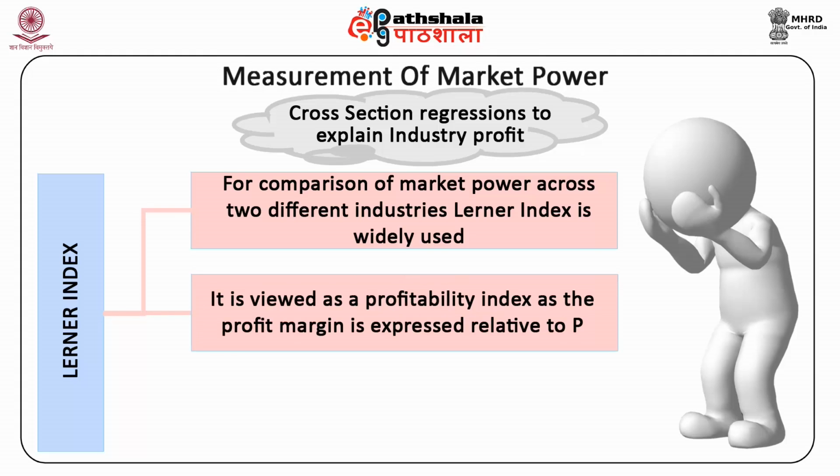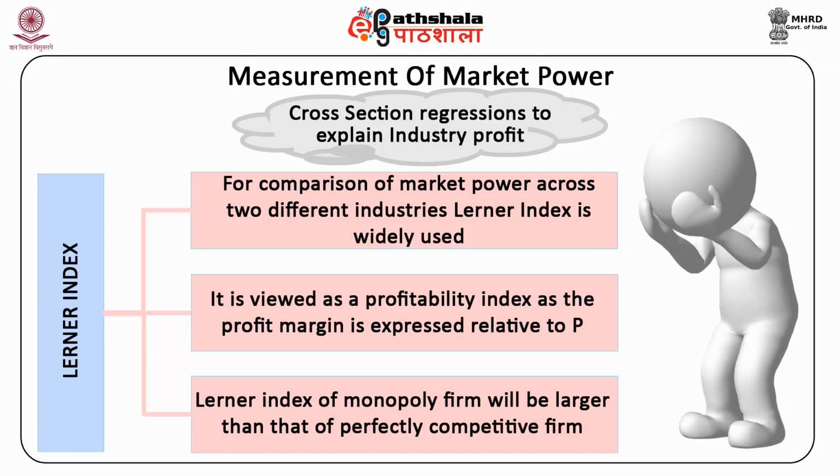It is viewed as a profitability index as the profit margin is expressed relative to P. If there are two industries in the market where industry A is a monopoly and industry B is perfectly competitive, then we would expect the Lerner index of the former to be larger than the latter.